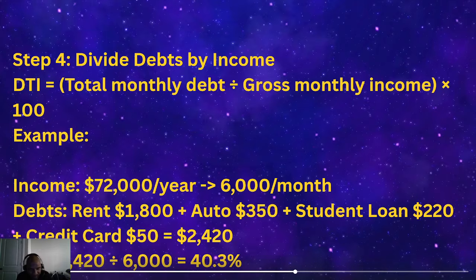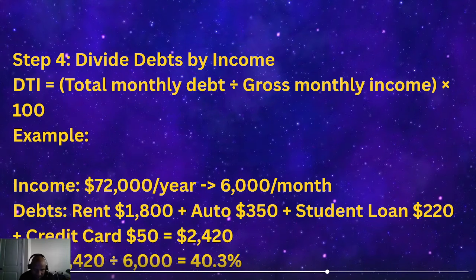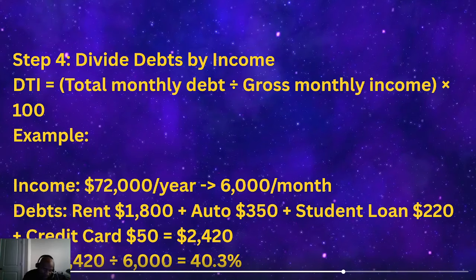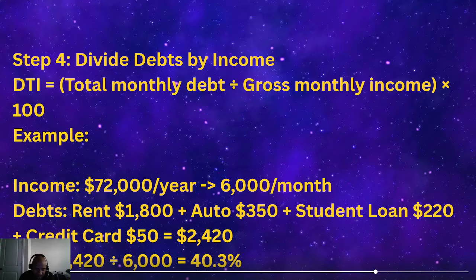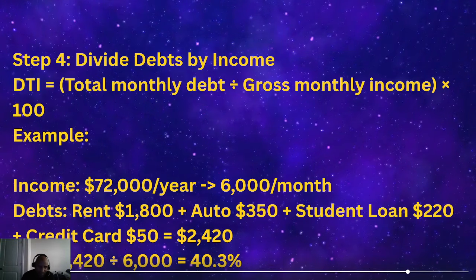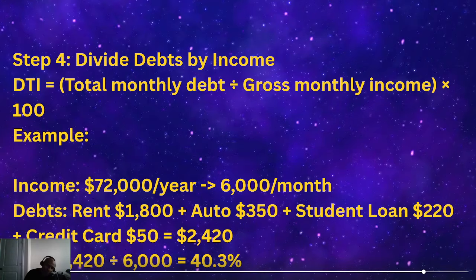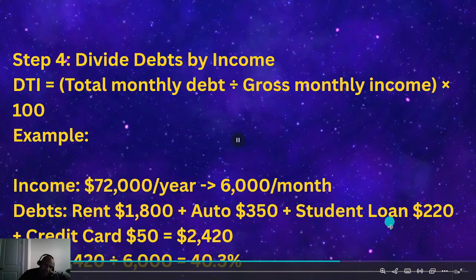You take that total and divide that into 6,000, which is your total monthly income, and that's your debt to income ratio, 40.3%. So that's how you calculate your debt to income ratio.